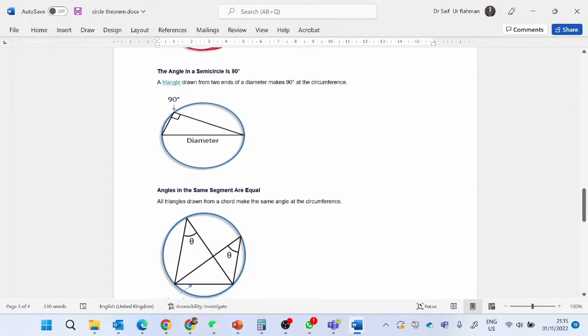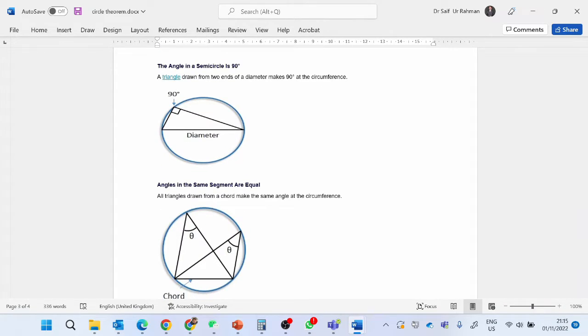And the next theorem is angles in a semicircle are 90 degrees. So whenever there is a semicircle formed by a diameter, here this is a diameter, an angle formed by the two ends of the diameter at anywhere on the circumference will always be 90 degrees. Right? It doesn't matter where it goes.